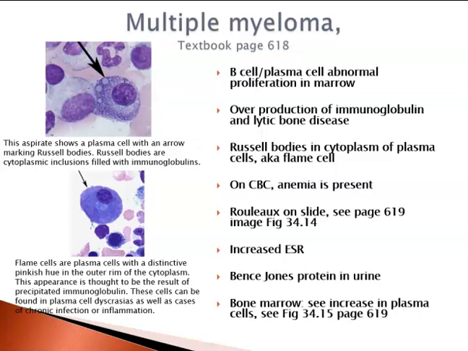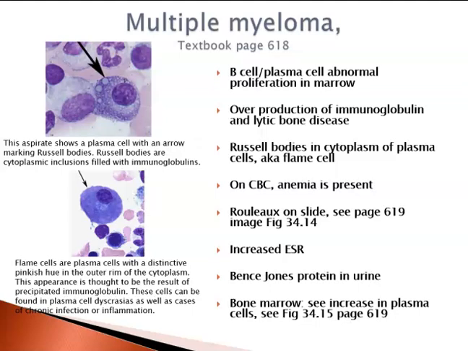When we're dealing with multiple myeloma patients, we have what we call Russell bodies form in the cytoplasm of plasma cells, and we also have what we refer to as flame cells form in patient samples.